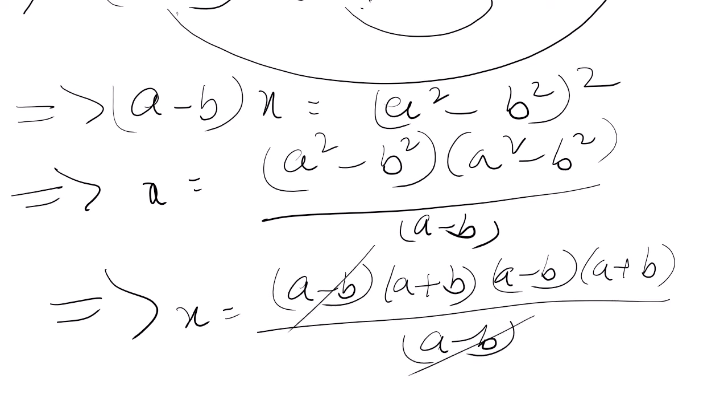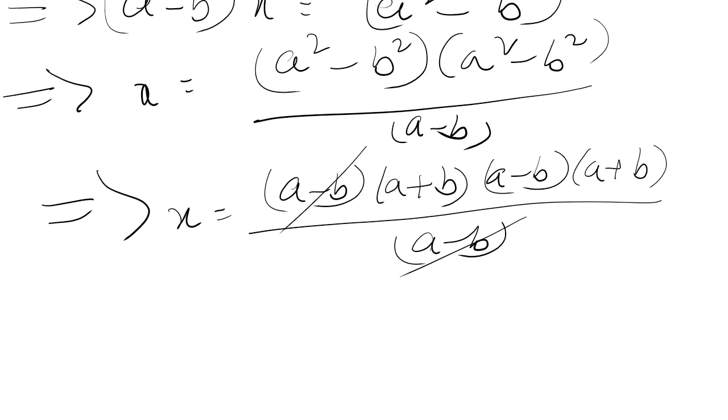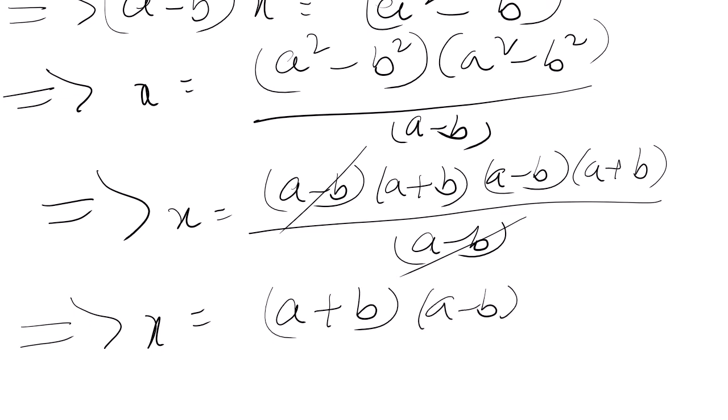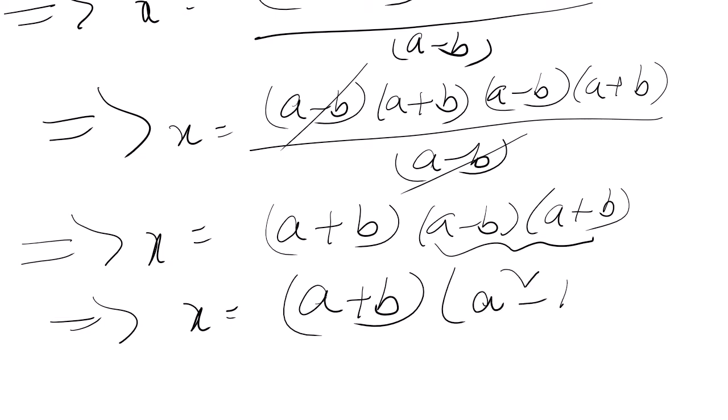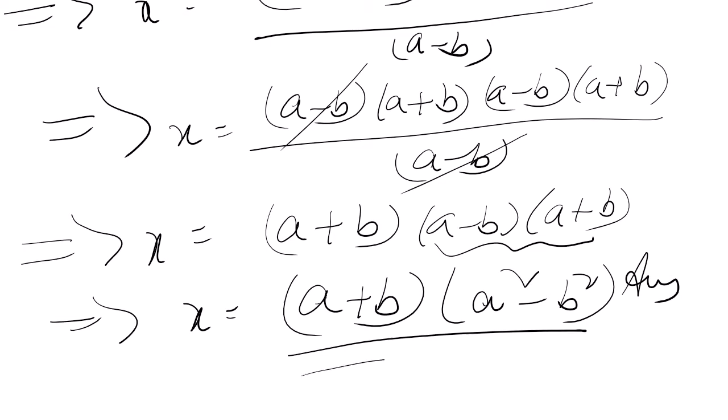So this cancels. What you are left with is x is equal to a plus b into a minus b into a plus b. But these two together is a square minus b square. So x is equal to a plus b into a square minus b square. That is the answer.